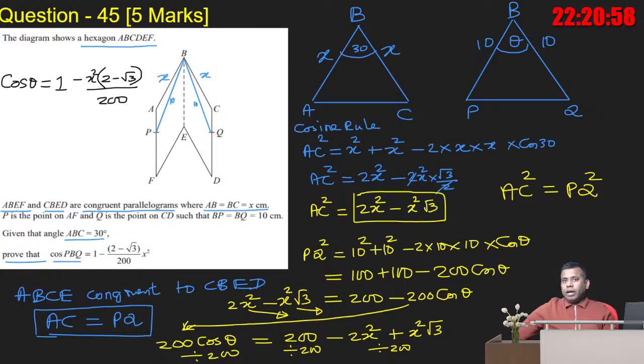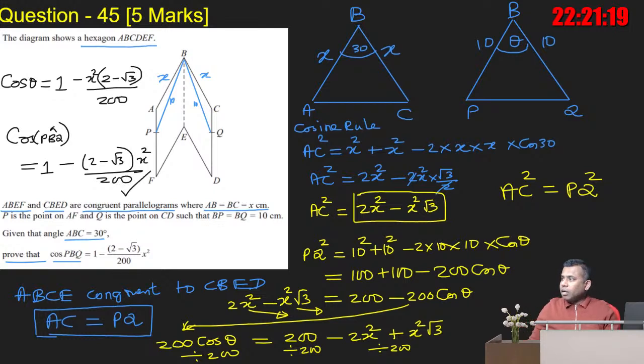So if I write it the way they want, cos PBQ is equal to 1 minus (2 minus root 3) x squared over 200. So that is the answer.